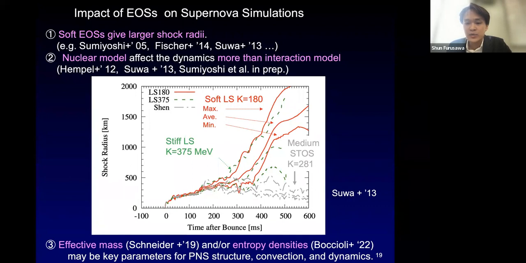For example, incompressibility parameter K may not be so important for supernova explosion. Of course, they may be related to each other, so we need to investigate further.